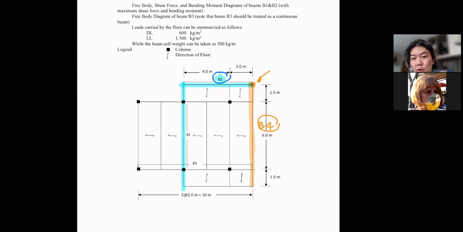It is not the typical corner where the columns are here, and then beams meet at the corner. This is typical, right? But when you look at this particular corner, it is customary not to use this corner as the support for each beam. Each beam in this case means B2 and B4.